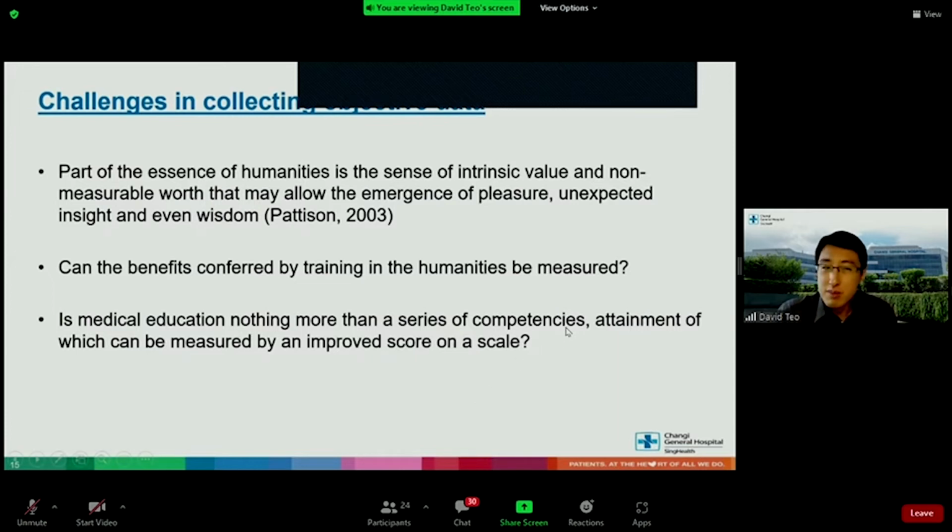And so, can the benefits conferred by training in the humanities be measured somehow? That's something for us to think about and discuss. And also the greater philosophical question: is medical education nothing more than a series of competencies, the attainment of which can be measured by an improvement in a skill?